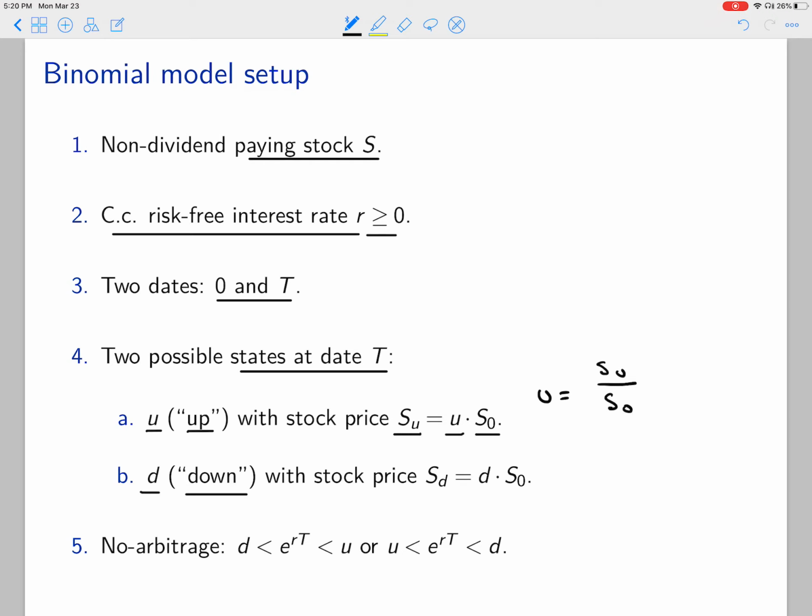Okay, so say the stock can move up from 1 to 2, then U would be 2 over 1, which is 2.